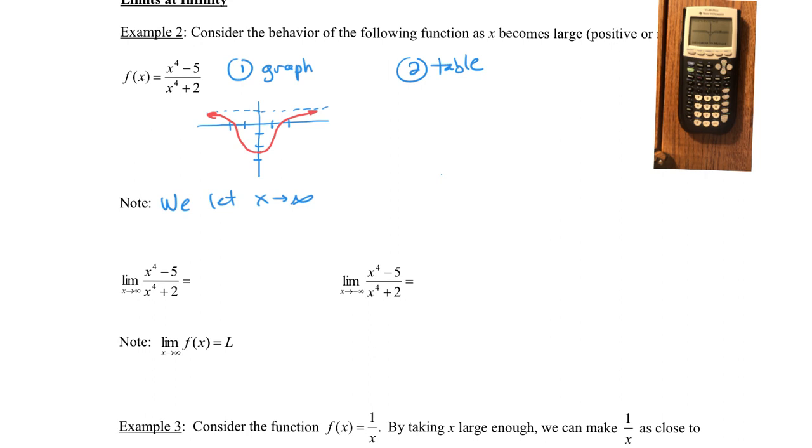This is what we're going to do. We're going to let x values approach infinity or negative infinity, and we see what happens to f of x. So we're going to let x approach infinity, and then we're going to see what happens to f of x, or whatever our function is.